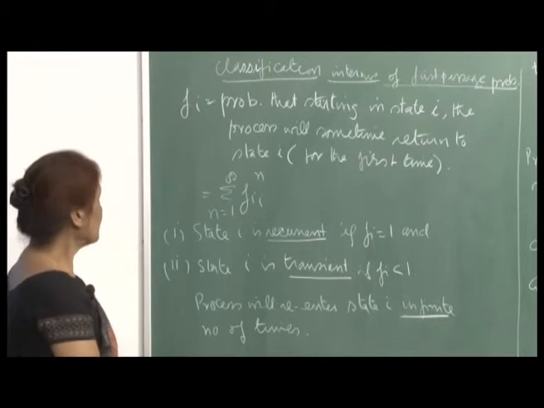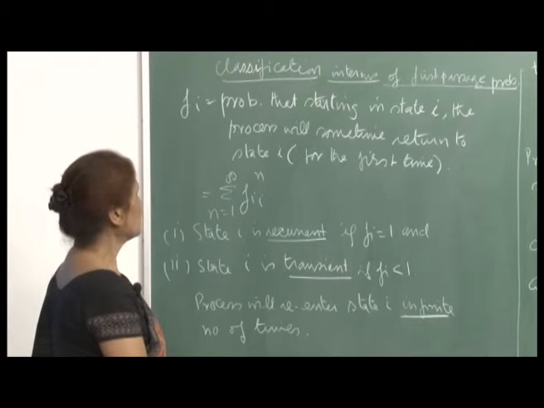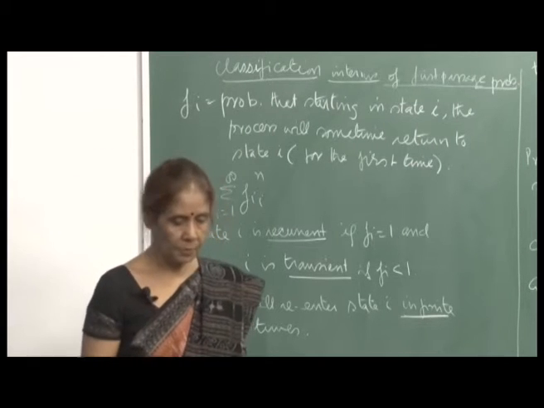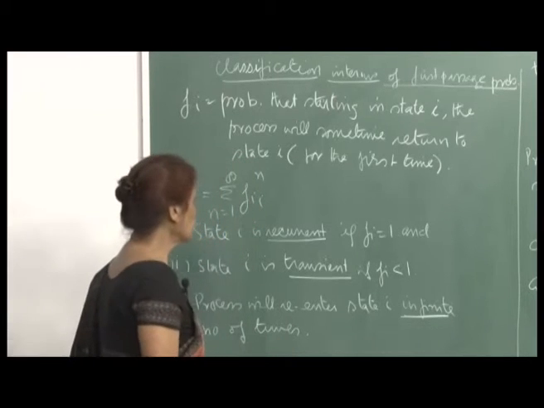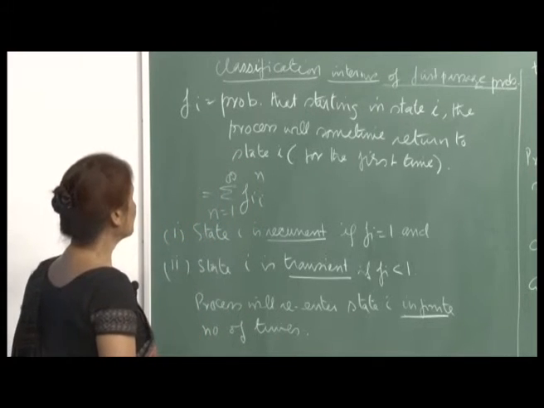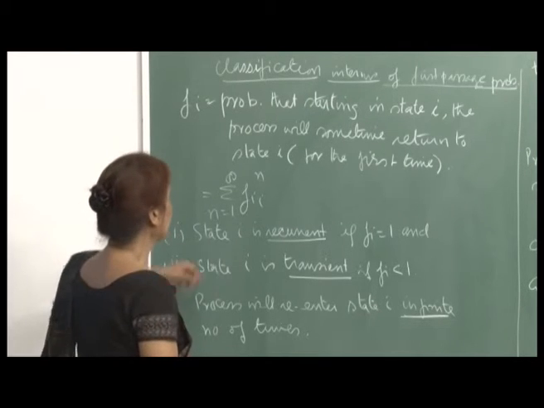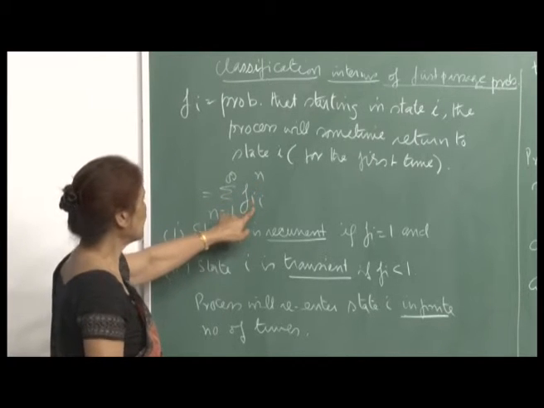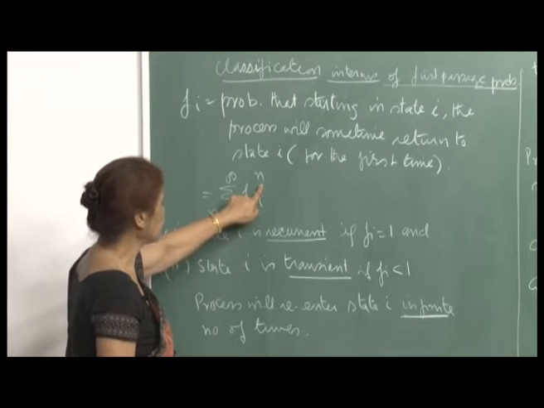Okay. Now I will give you another classification of these states in terms of first passage probabilities, and that will also give you a good understanding, and of course another alternate way of determining whether a state is recurrent or transient. So, now let us define Fi as the probability that starting in state i, the process will sometimes return to state i for the first time, because Fii(n) was the probability that it returns to state i from i for the first time in n transitions.